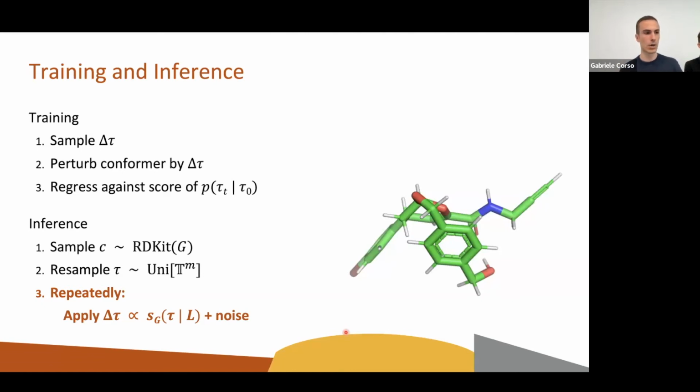And I also saw a question on the chat, which asks, do steric clashes matter? Steric clashes can happen in the diffusion because restricting the diffusion to torsion angles doesn't prevent any steric clash.